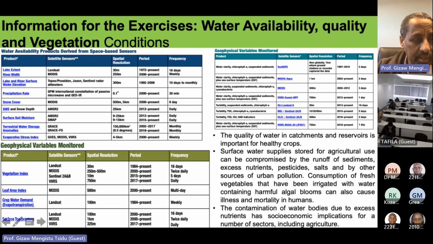MODIS is weekly data, because these are not geostationary satellites. These are polar orbiting satellites. That means they will be at different locations at different times. The geostationary satellites are those which are fixed in space and are rotating at the same speed as the Earth's rotation, so they will appear to be in the same location.